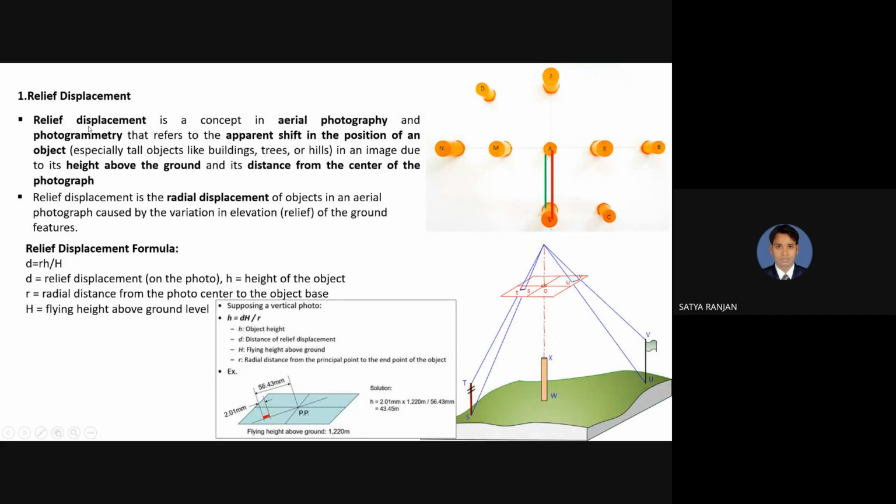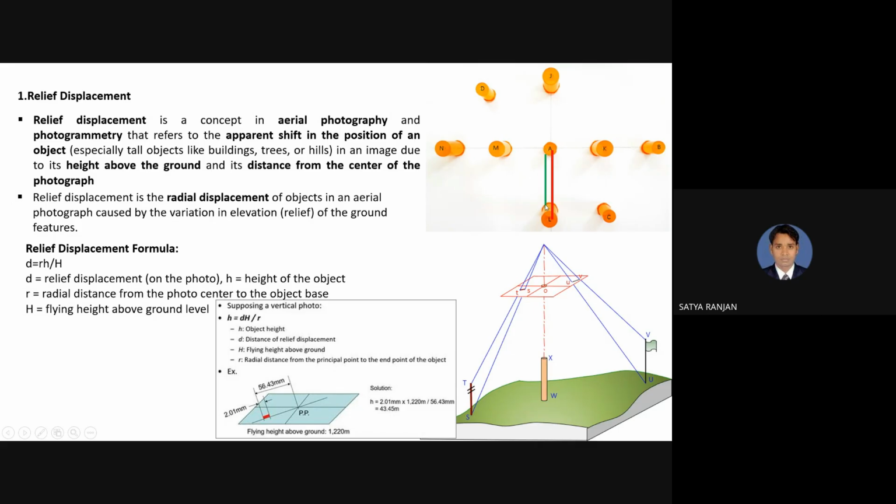So what is relief displacement? Relief displacement is the concept in aerial photography and photogrammetry that refers to the apparent shift in the position of an object in an image due to its height. Suppose this is one example. Suppose A has no height information at point A. Then L, K, M are some elevated areas.